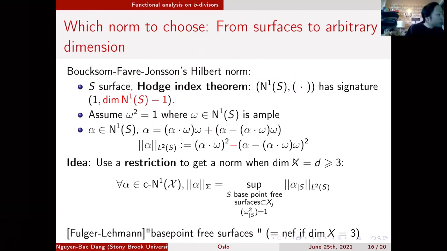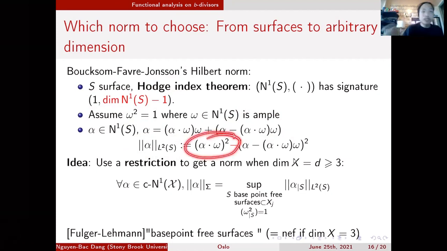And you take an ample class and you normalize it so that omega squared equals 1. Okay, and what happens is that any class can be decomposed with respect to this signature. So you have the part where the intersection is positive and the part where the intersection is negative. And they define the L2 norm by making the intersection product become positive.